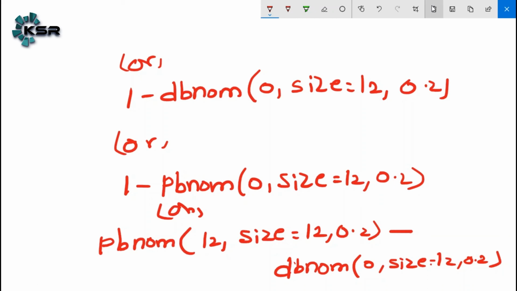So we are removing the dbinom of 0, size equal to 12, 0.2.